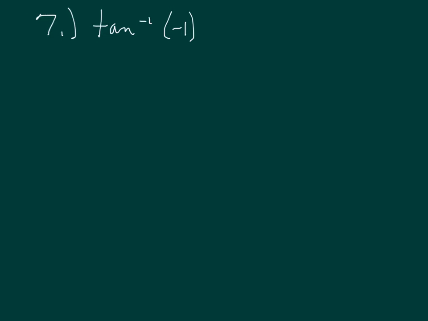Look at problem number 7, the inverse tangent of -1. Read this problem as find the angle whose tangent is -1. Inverse tangent says return the angle whose tangent is -1. Think of the triangle again. We have an angle. The tangent is y over x.